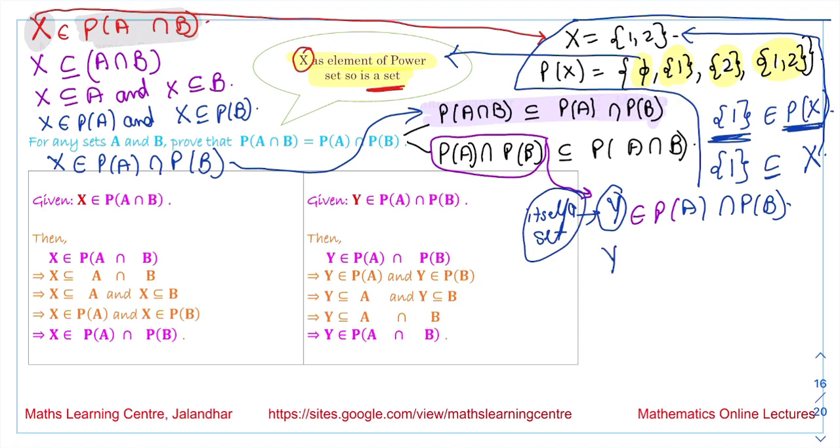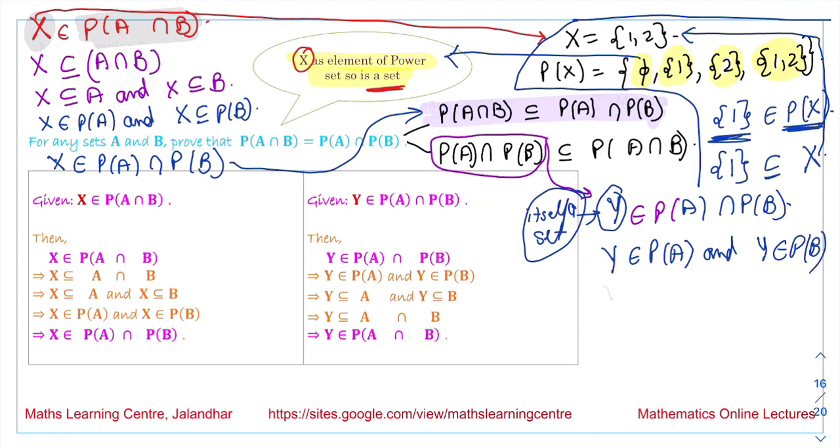So before writing the subset statement, we write that Y belongs to the power set of A and Y belongs to the power set of B.